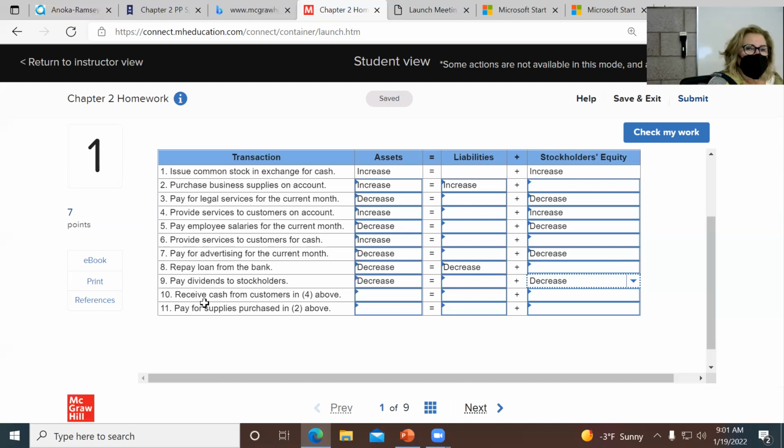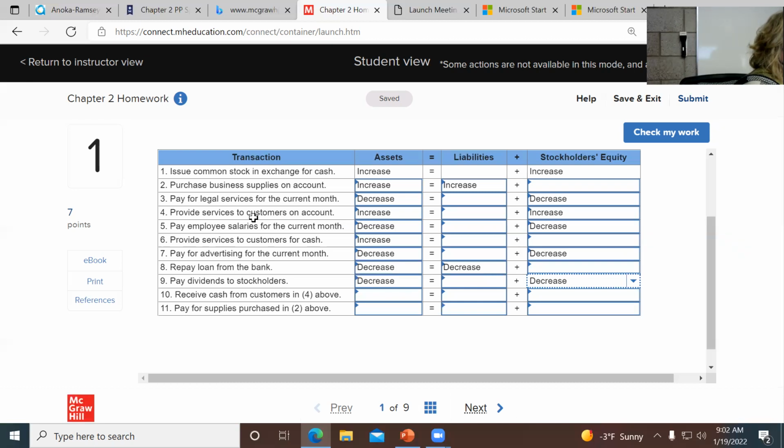Okay, guys, number 10 says receive cash from customers in 4 above. So we had provided services to those customers on account, which would have been accounts receivable, right? But then they paid what they owed us.